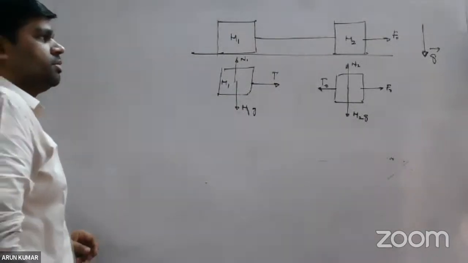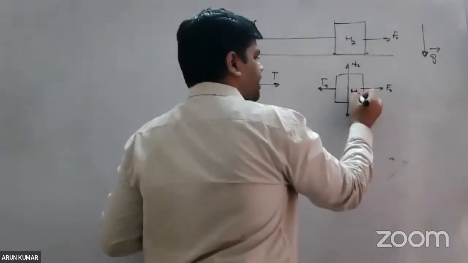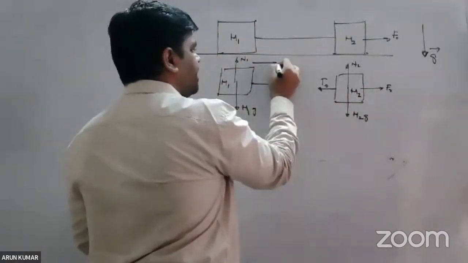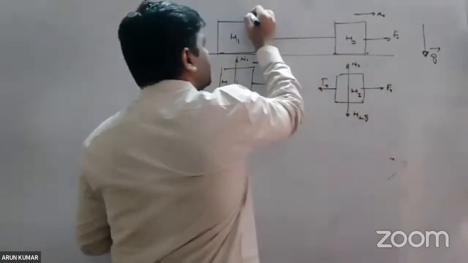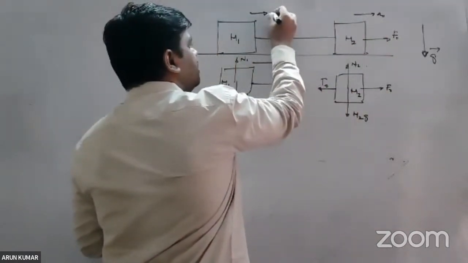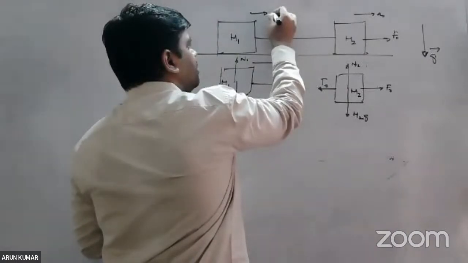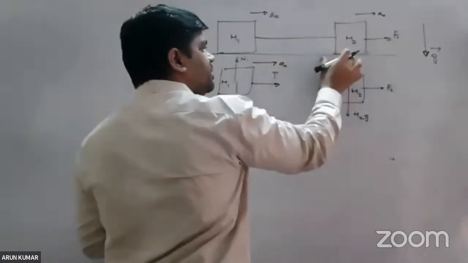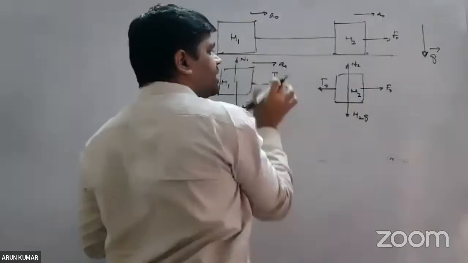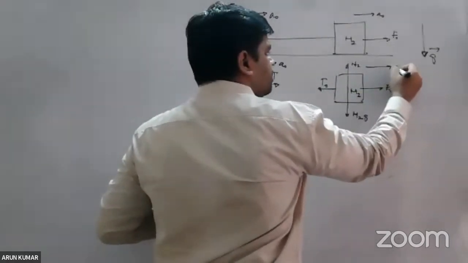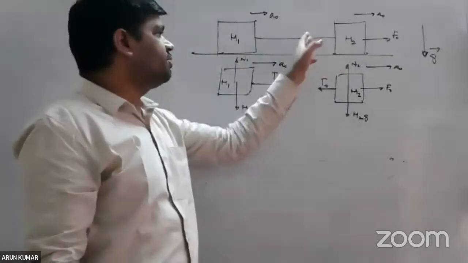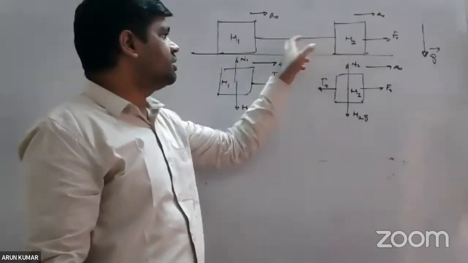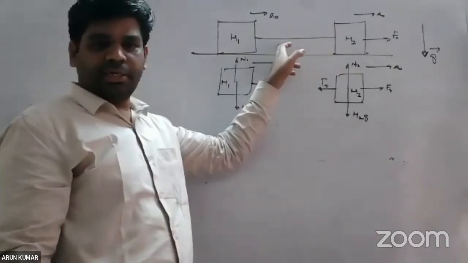Yes, sir. Okay. Now let's draw the acceleration. So the acceleration of this is towards the right. Let's say A naught. If the acceleration of this is A naught, what is the acceleration of the other block? A naught, because if this moves by x, this also moves by x, since the length of the string is constant.